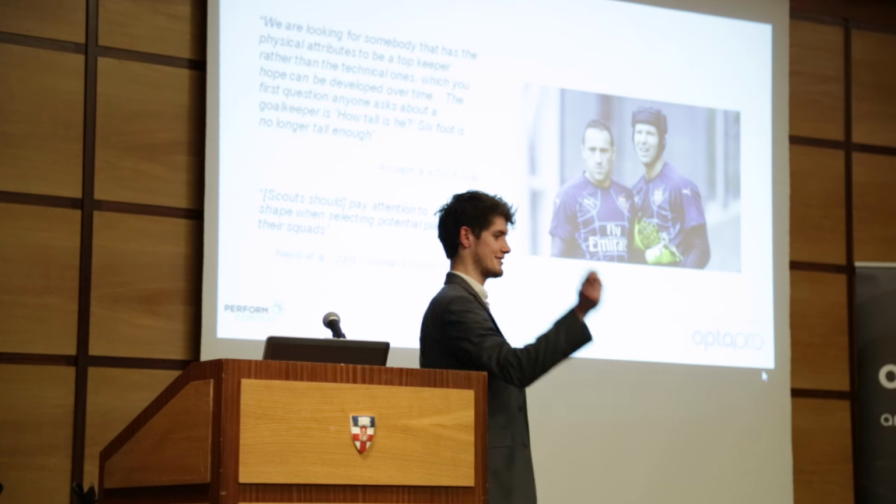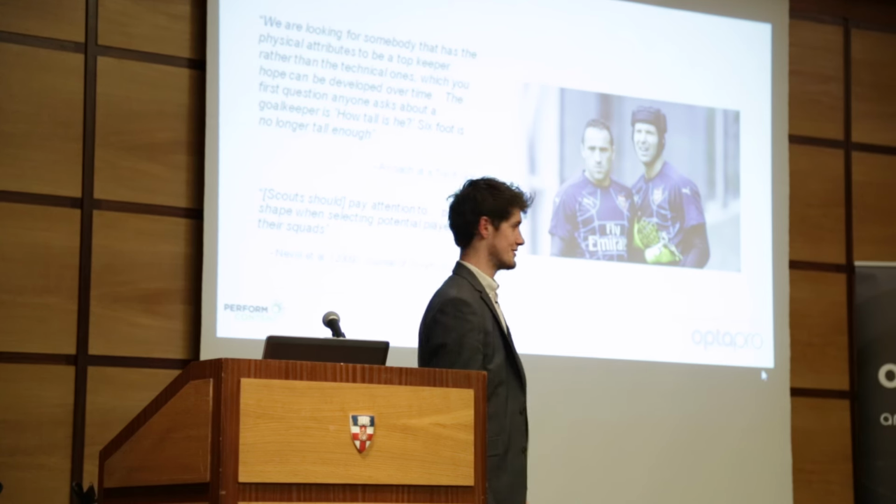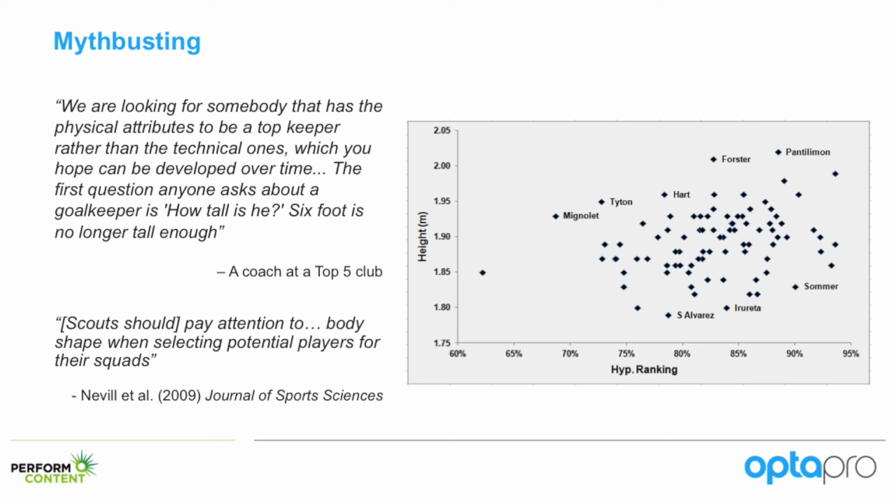Maybe there is going to be a massive link between a player's height and their hypotenuse ranking when it comes to dealing with crosses. There isn't. It's statistically insignificant, so we can't reject the null hypothesis that there is absolutely no relationship between height and hypotenuse ranking. We should also state that about 1m82, 1m83 is 6 foot, so they're all probably in the 70th percentile of height anyway.